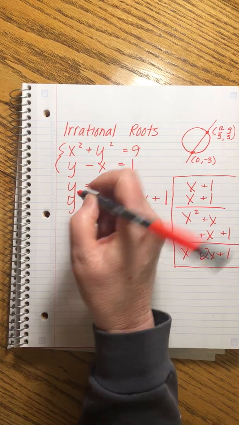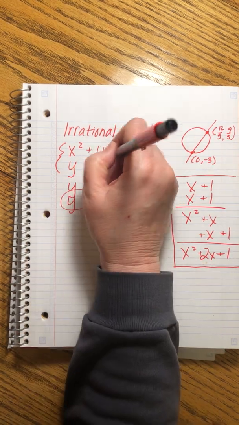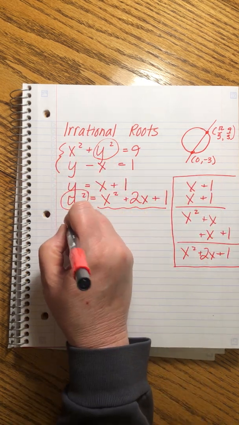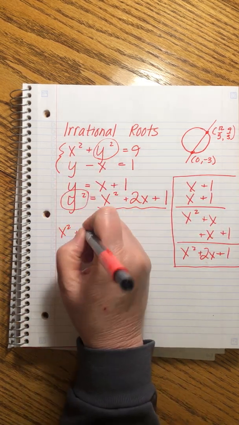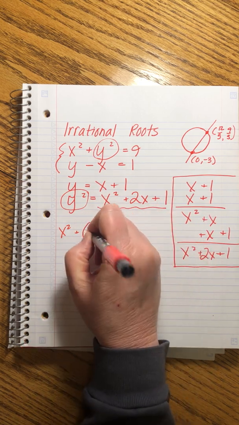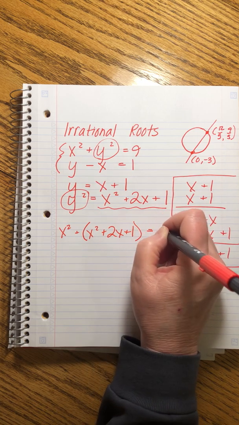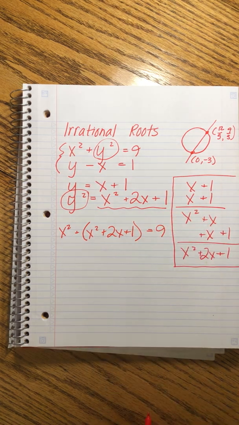Okay, now we're ready to substitute this into this. It'll be all of this. Here we go. X squared, that's that one, plus, and I'm doing this just to help you see, x squared plus 2x plus 1 equals 9. Right? Beautiful.